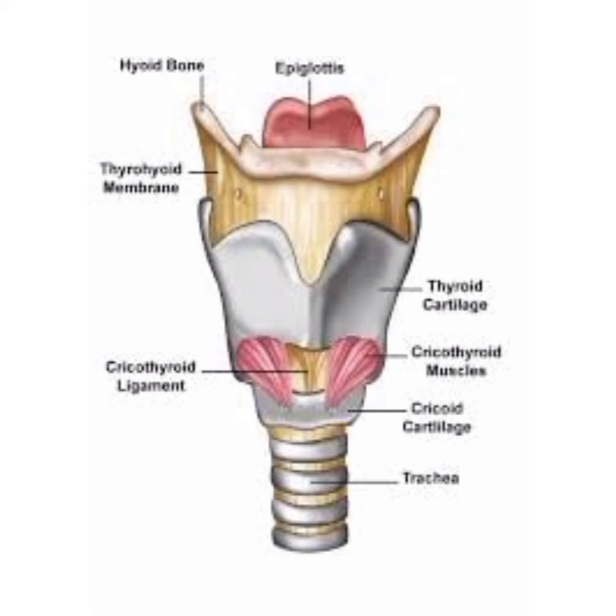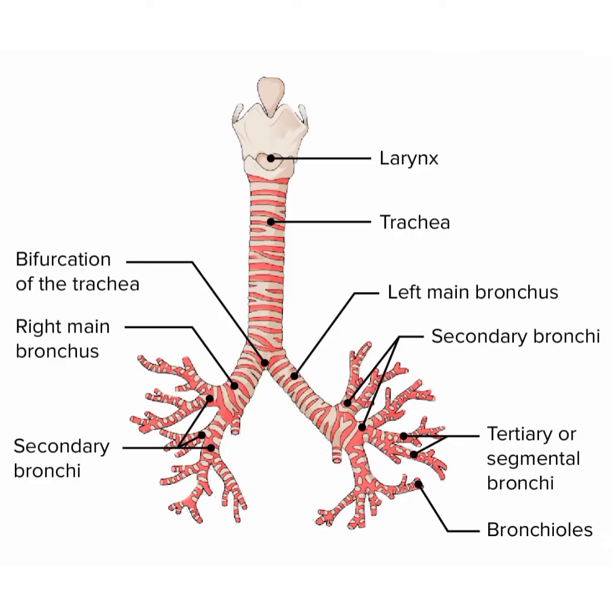So it allows the food only into the esophagus. Now the air is passed through the larynx. From the larynx, the air will enter into the trachea.